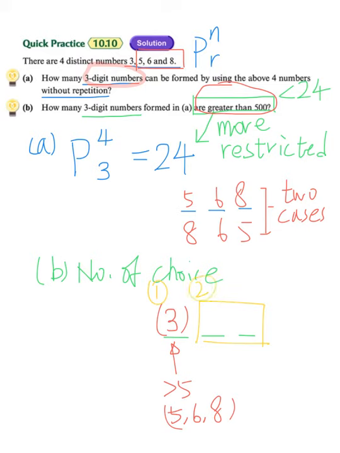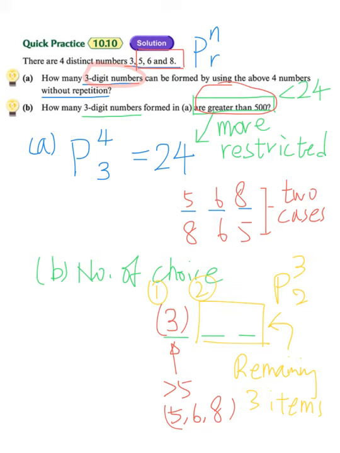The second step is that for the remaining 3 items, basically choose 2 and then do the permutation. So basically it's 3P2.